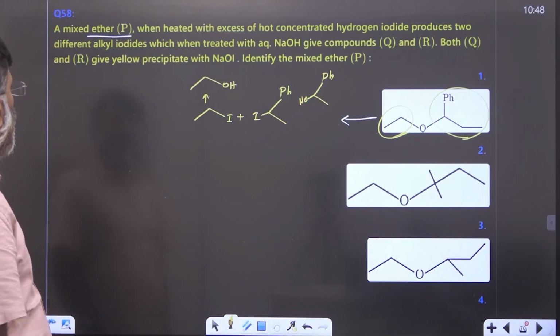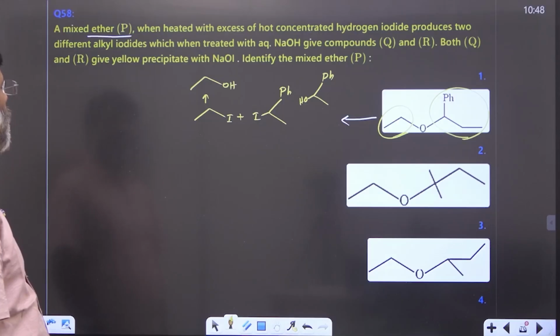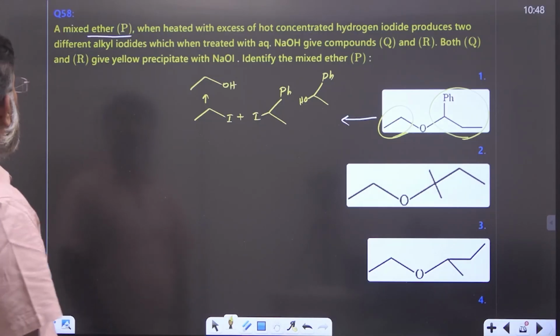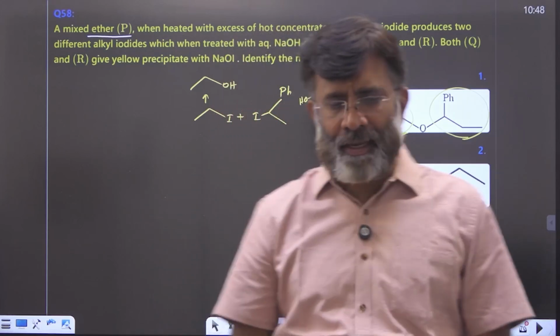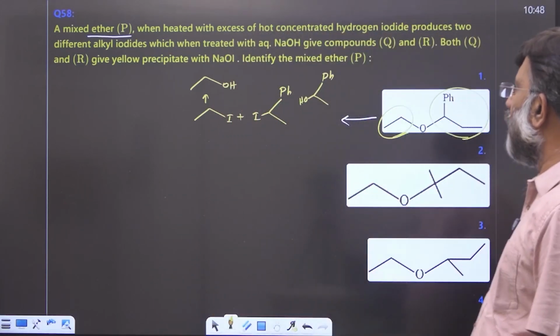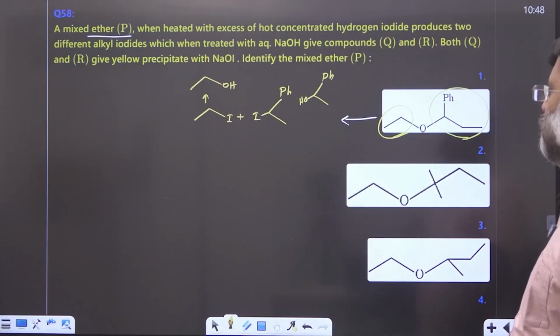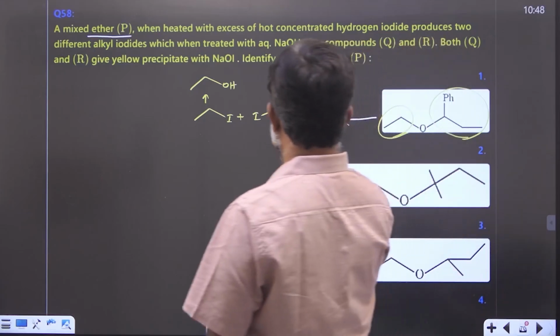Both Q and R give yellow precipitate with the NaOI. Identify the mixed ether. Oh, here there is one more carbon.